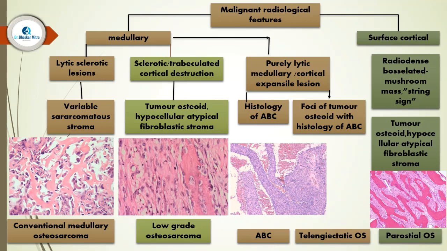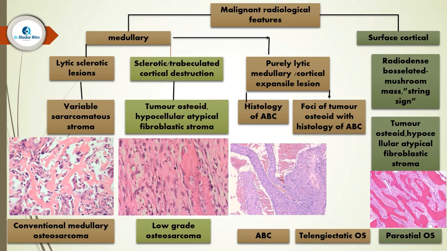We consider this a low grade osteosarcoma. If it is a malignant expansile lesion with atypical or malignant cells and ABC-like areas, it may be telangiectatic osteosarcoma. The close differential is ABC, but ABC lacks the atypical cellularity.